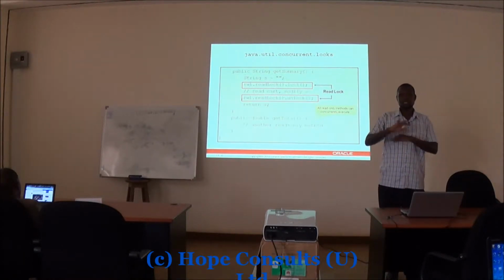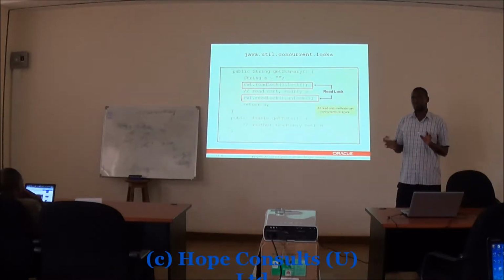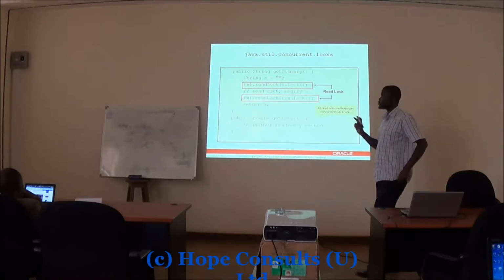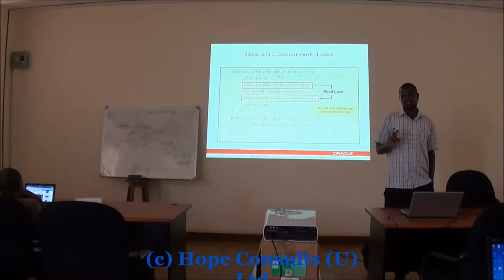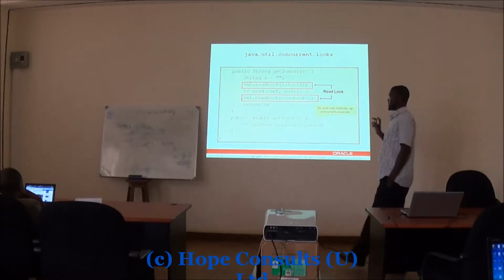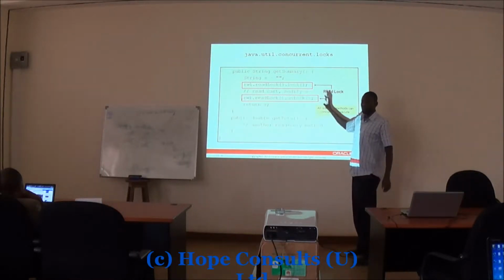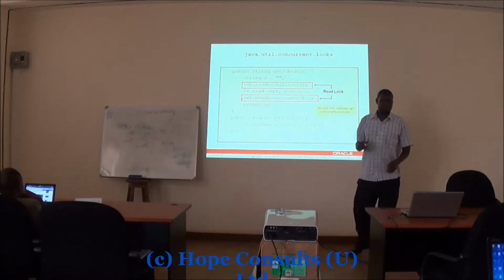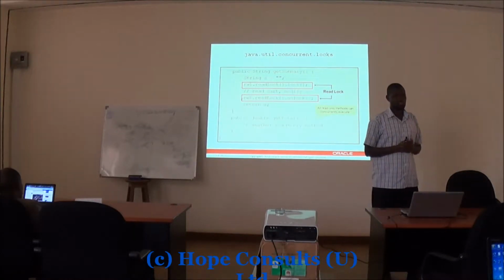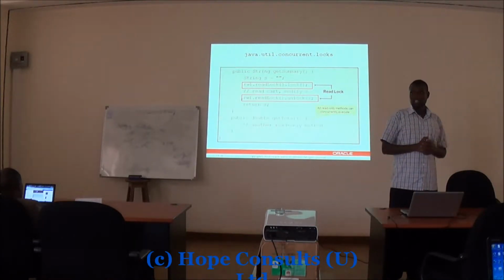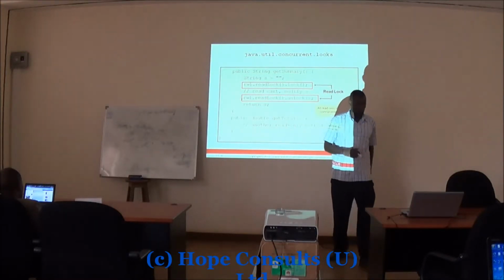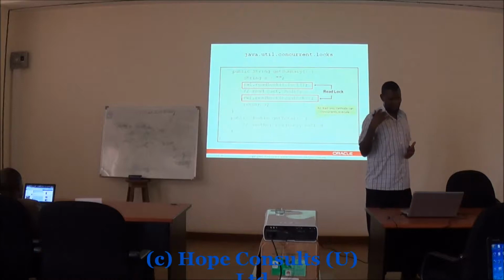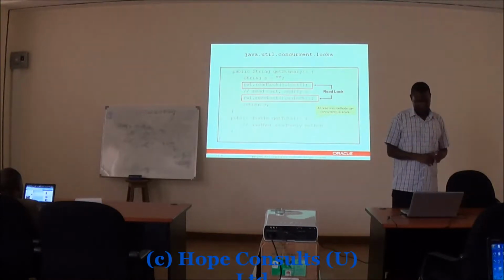Once it's synchronized, that's it. Whether you are writing or reading. But here you are able to specify whether you want a read lock or a write lock. That is the flexibility that you can have with this concurrent locks package. So this one has an advantage because you can choose when to apply a read lock and when to apply a write lock.